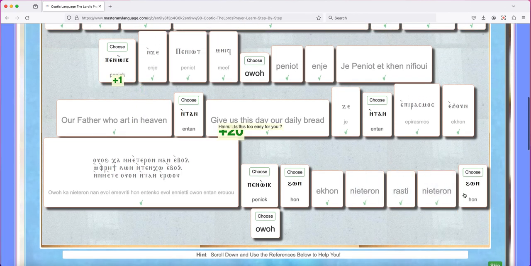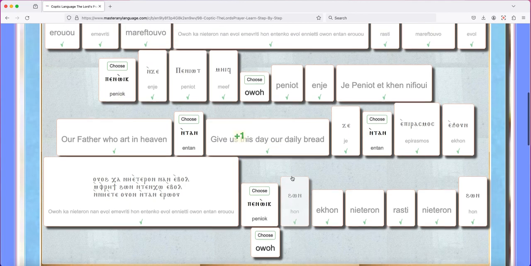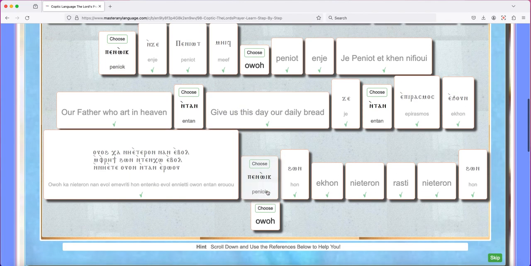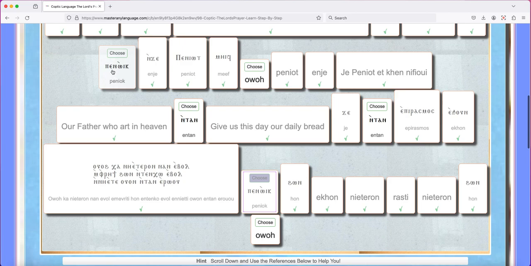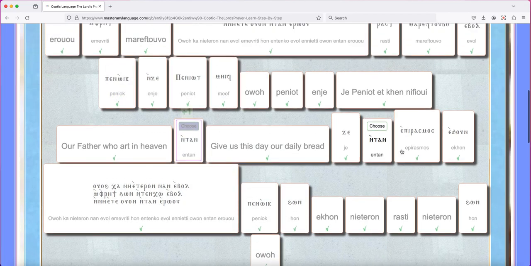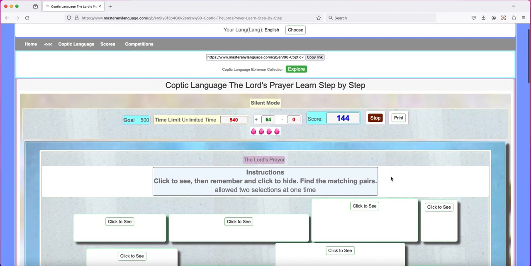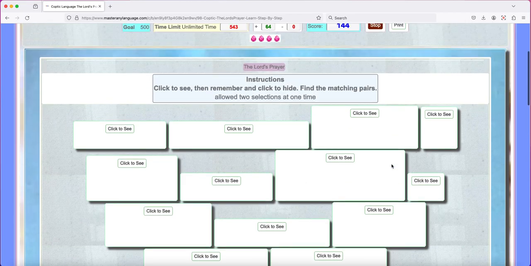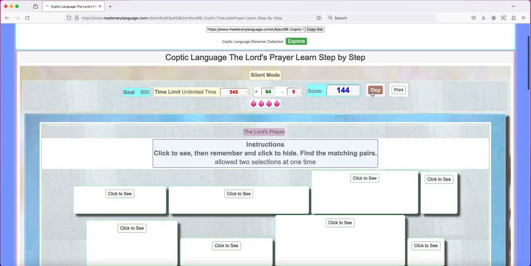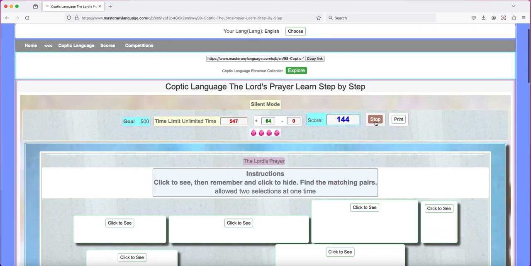Nieteron. Chon. It's right here. This is too easy. No, this is all in time. Alright, I'm going to stop there. We got the memory there.